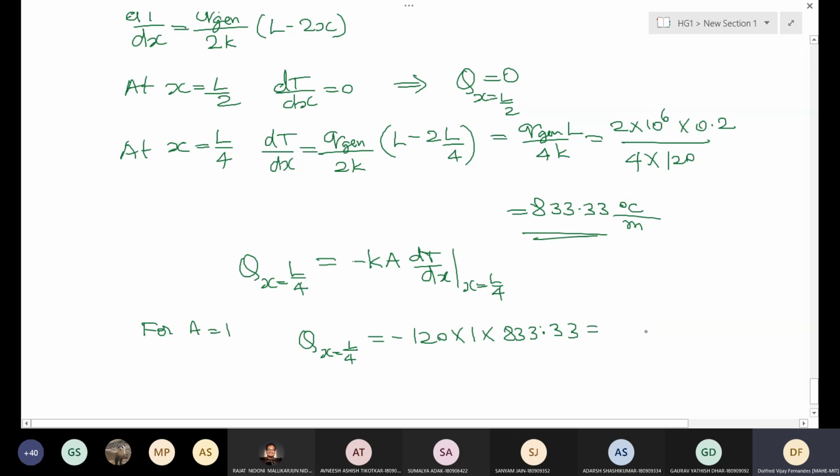So how much is this one? Minus 100 kilo.